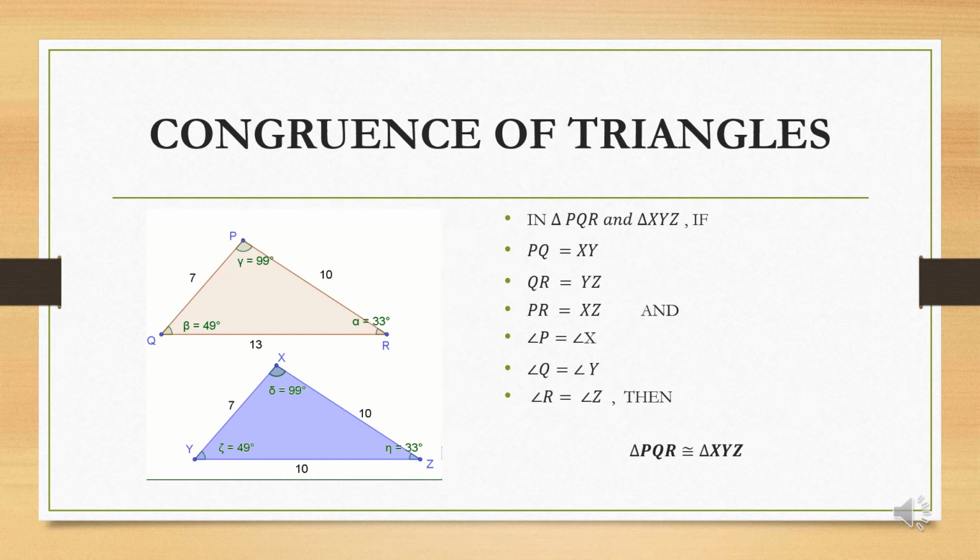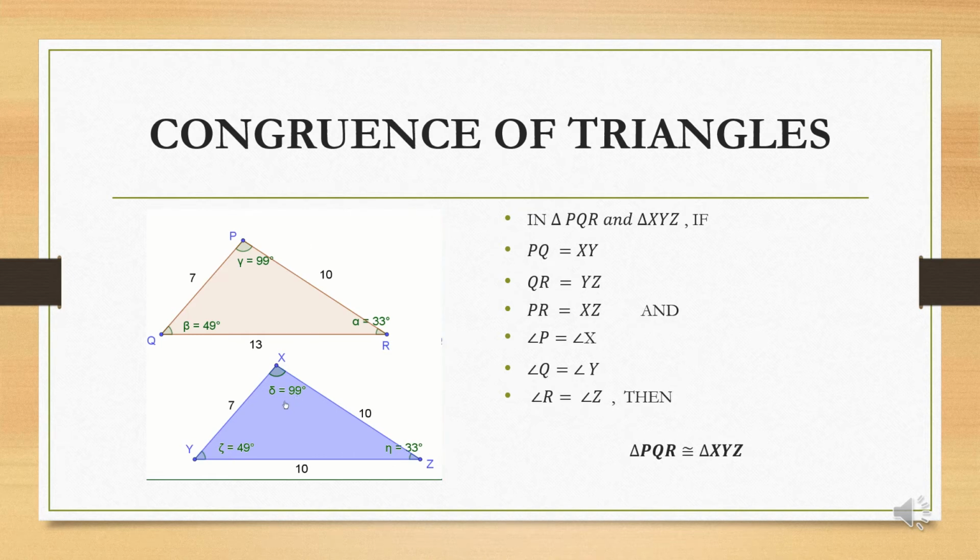If you see the angles here, angle P is equal to angle X, angle R is equal to angle Z, and angle Q is equal to angle Y. Now, since these triangles have equal sides and equal angles, we can say that the two triangles are congruent. That is, if in two triangles all the three sides and all the three angles are equal, then the two triangles are said to be congruent.